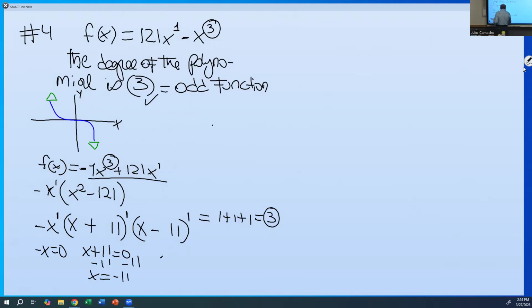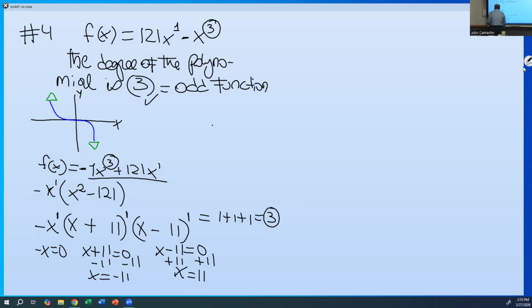And then the third factor is x minus 11 equals 0. If you add 11 to both sides, you know that x will be equal to 11. So my first zero, or the first place where my graph will cross the x-axis, is when x is 0.